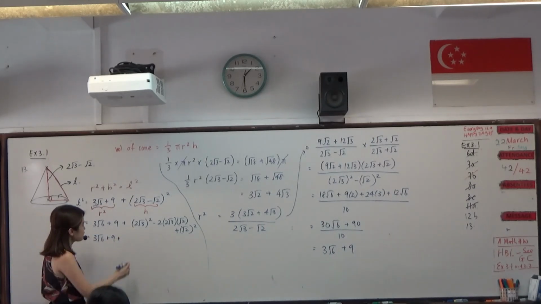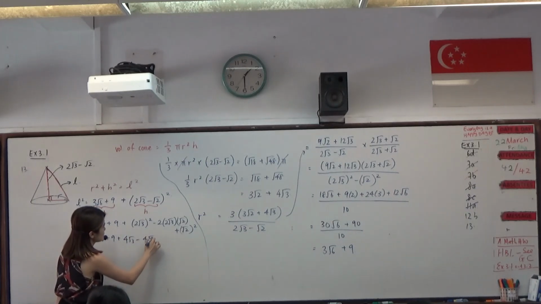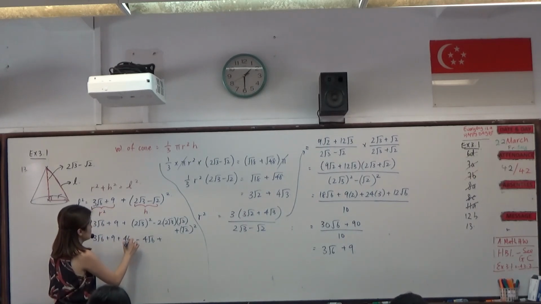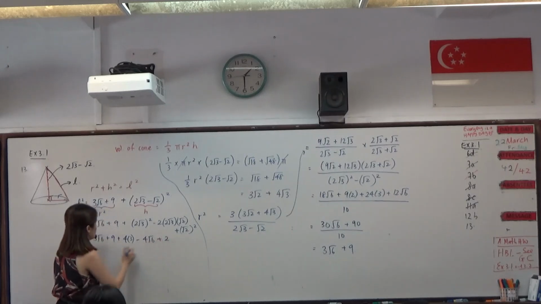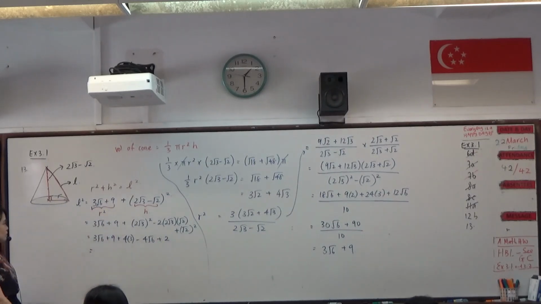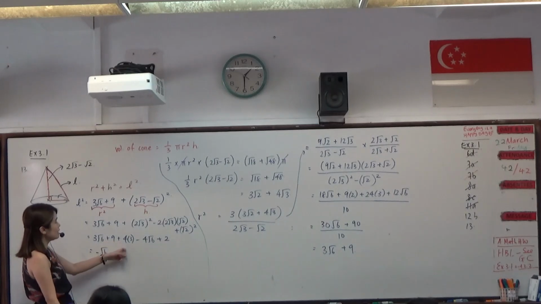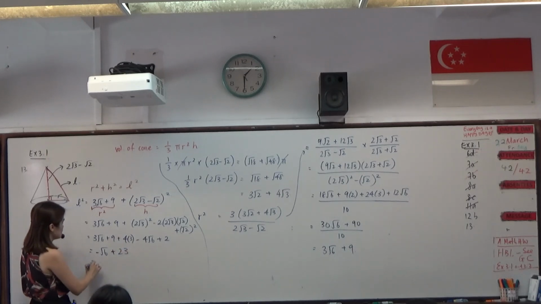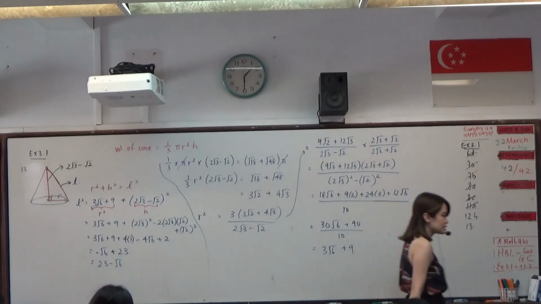This will give us 4 root 3 minus 4 root 6. Okay, 4 times 3 plus 4. So 3 minus 4, negative 1, negative 6. 9 plus 4, 21, plus 23. See? 23 minus 6.